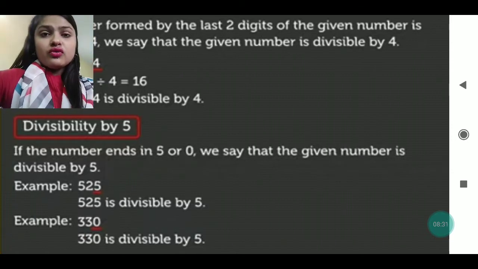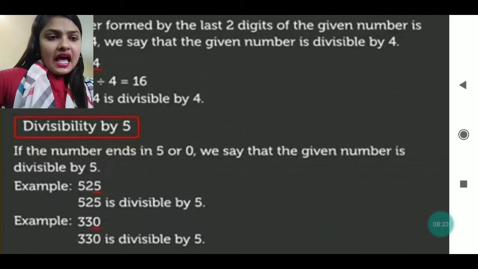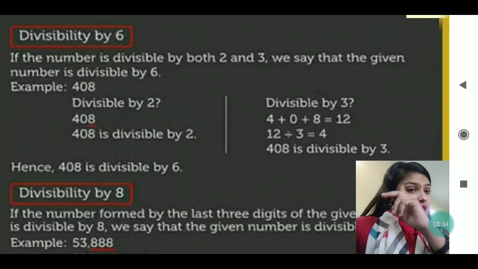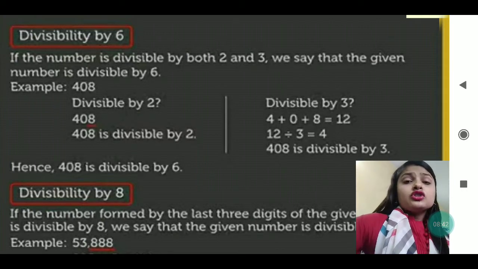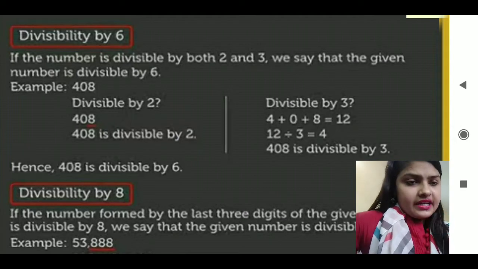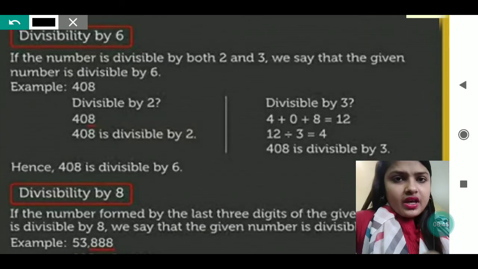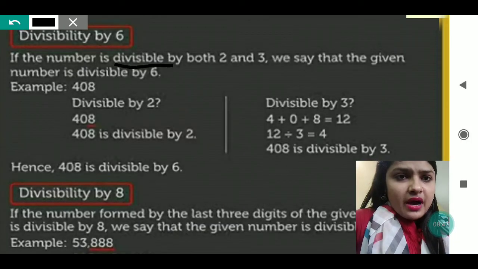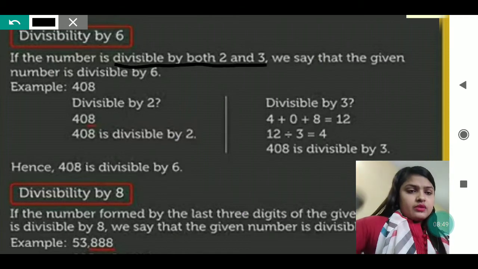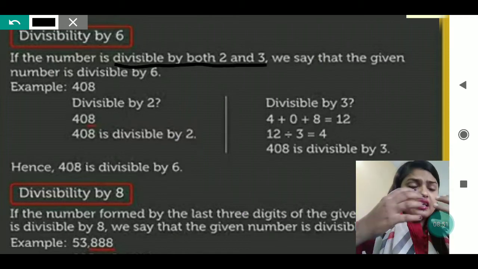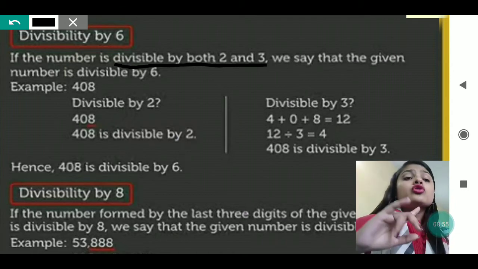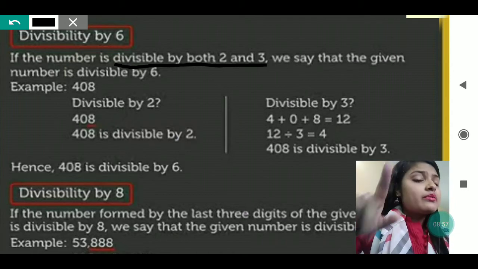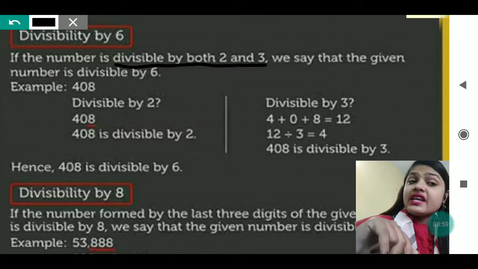Now we are going to move on to the divisibility of 6, and then divisibility by 8 we will see. Okay, so what is written, just see. If the number is divisible by both 2 and 3, means if any number is given and you have to find out whether it is divisible by 6, you have to see whether this number is divisible by 2 as well as 3, both.